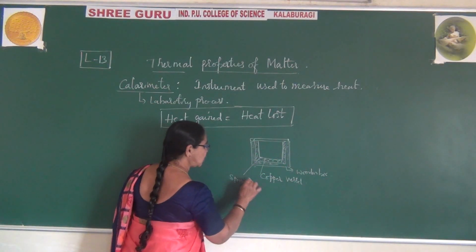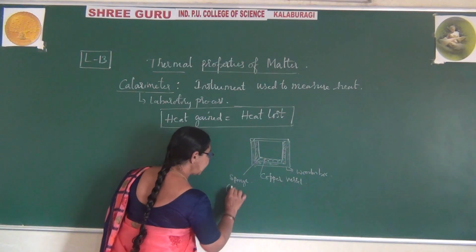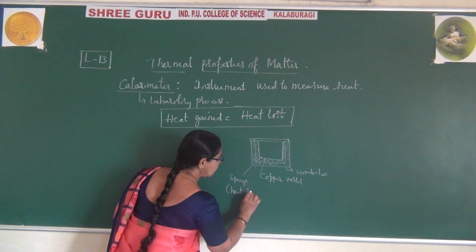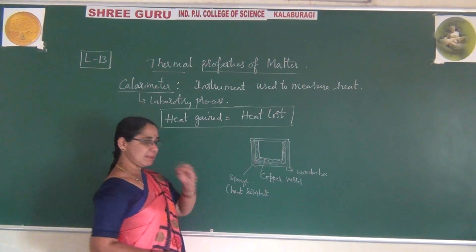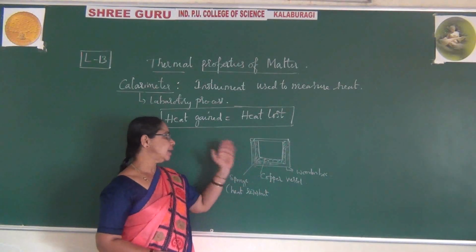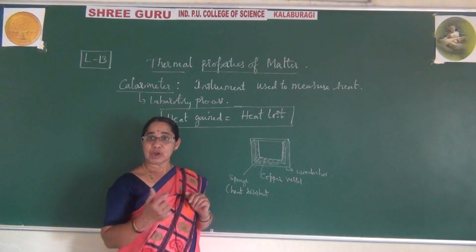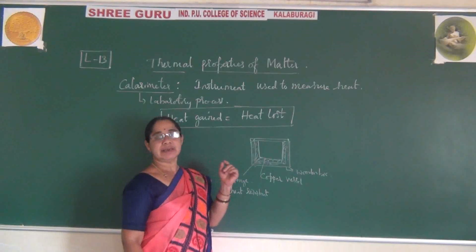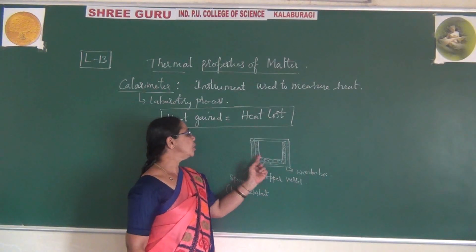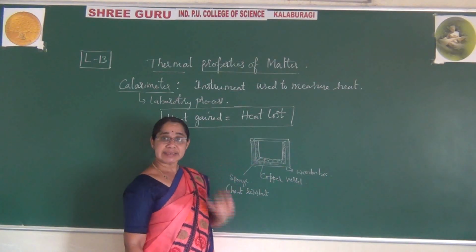Why do we place sponge? This is acting as a heat resistant, which means even some amount of heat which is there inside or maybe from outside will not come into contact with this copper vessel. It will never allow the heat to come into it. So it will resist.